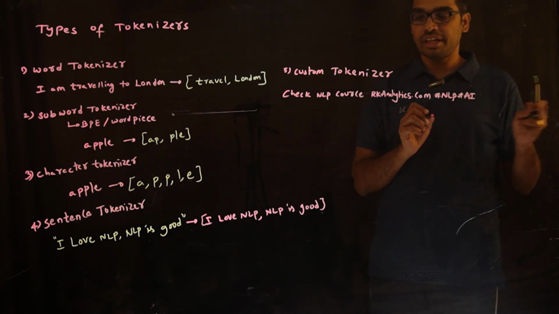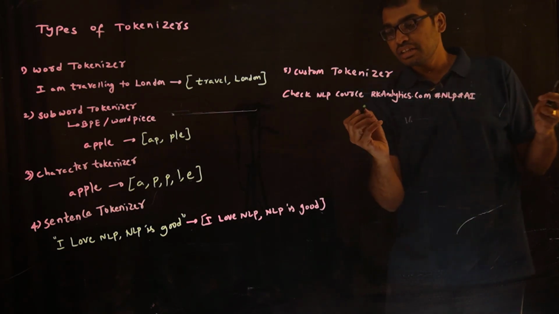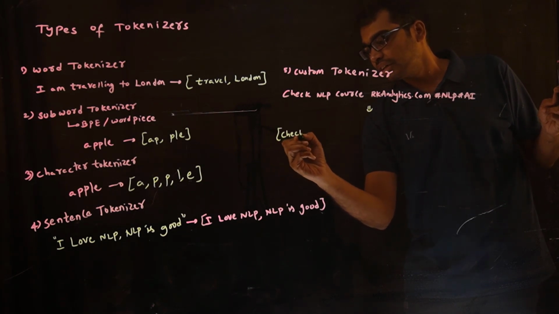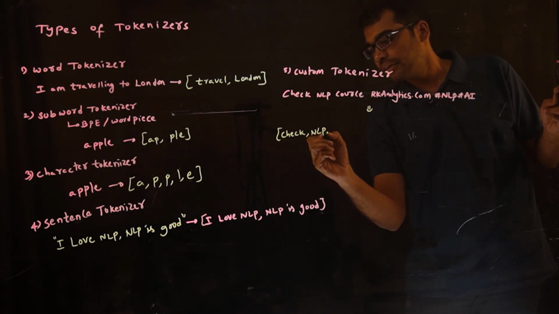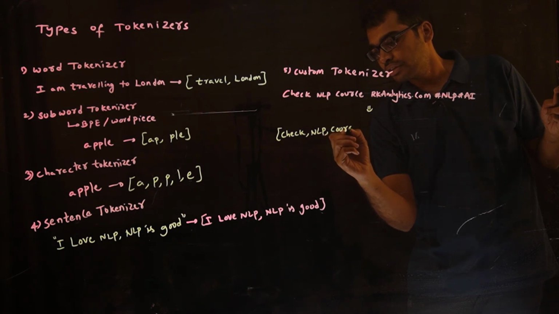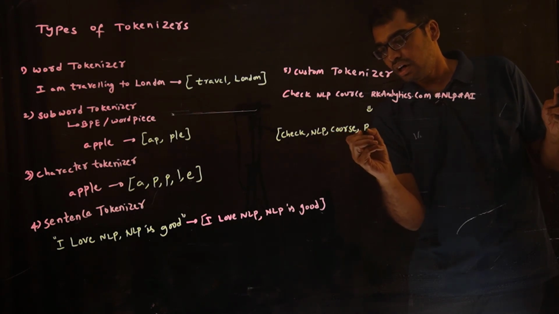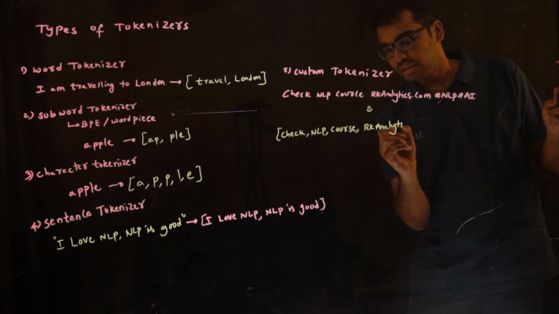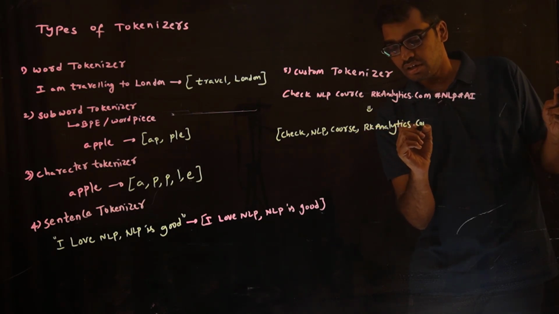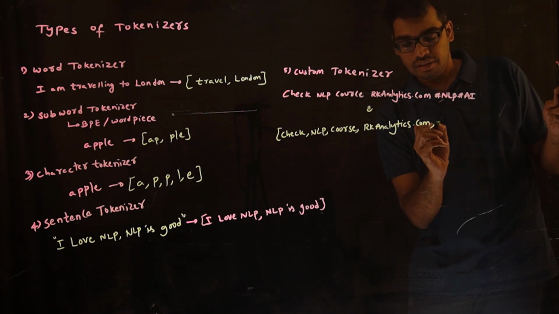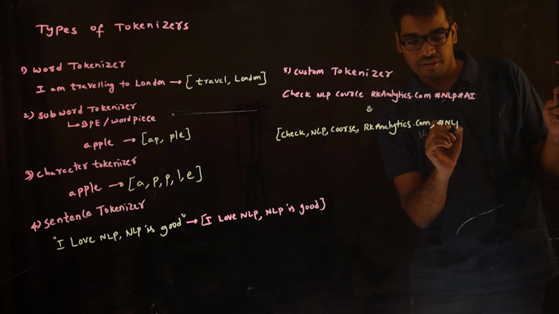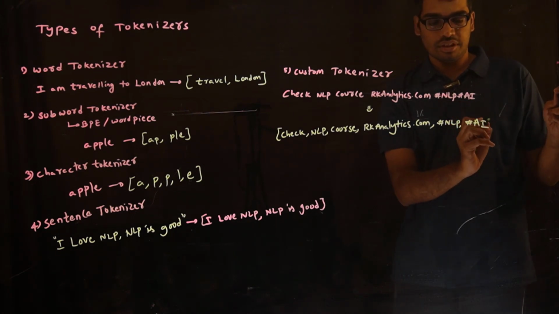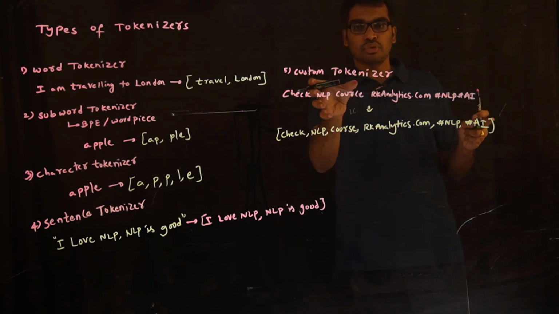Then I can use a tokenizer to break it down into: check, NLP, course, at, rkanalytics.com, then #NLP and also #AI. This is how it becomes a custom tokenizer.